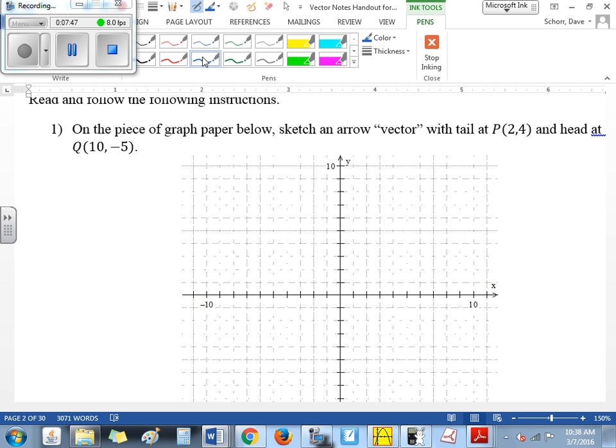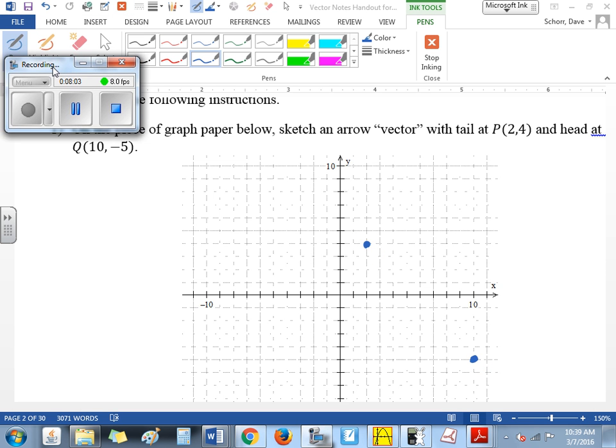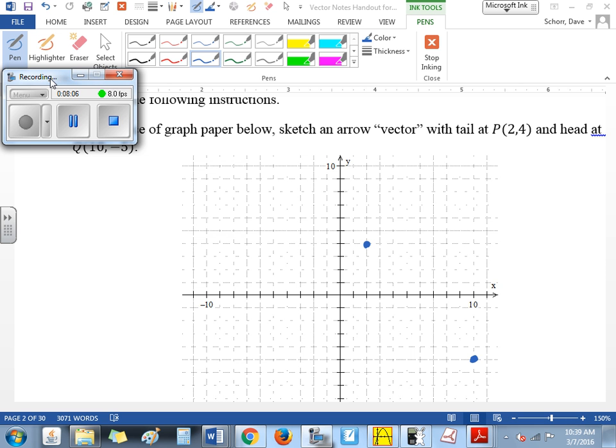Okay, I'm sure you could probably sketch something for me, right? But I'm going to do the first example, and you're going to have a chance to try it anyway in a minute. So 2, 4, that's obviously this point, and 10, -5, it's right here. And we'd like to draw a nice straight line between them. In fact, it's supposed to be like an arrow. It says sketch an arrow vector, so I guess vectors look like arrows.